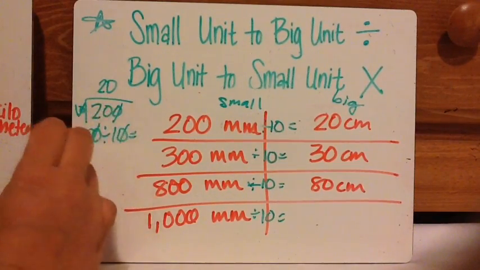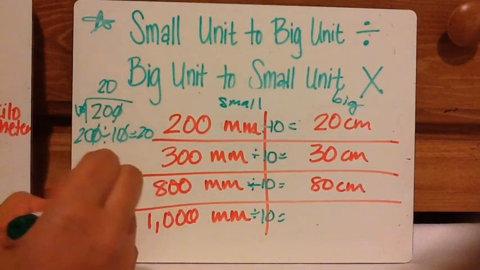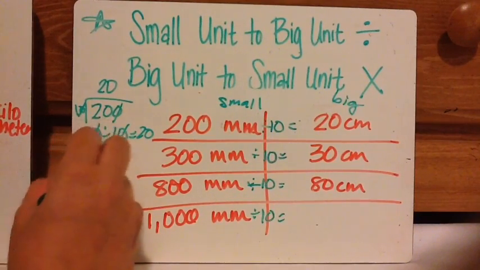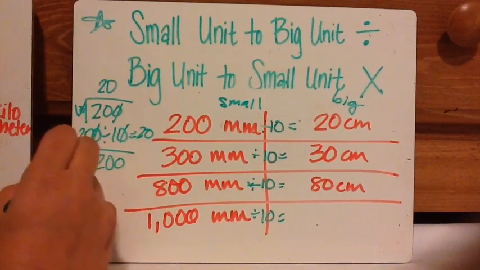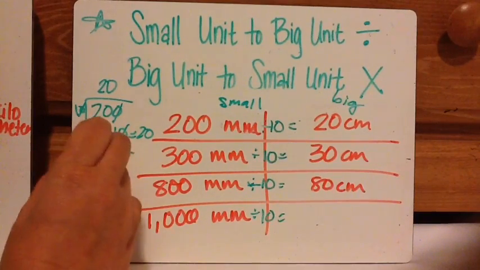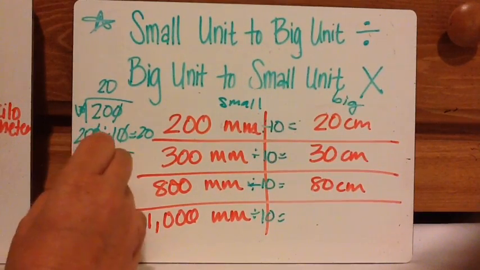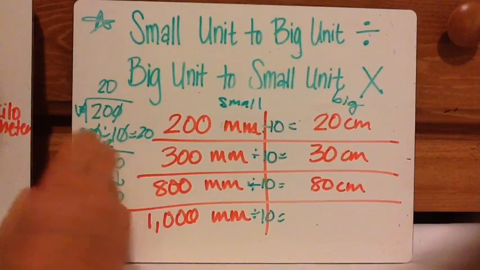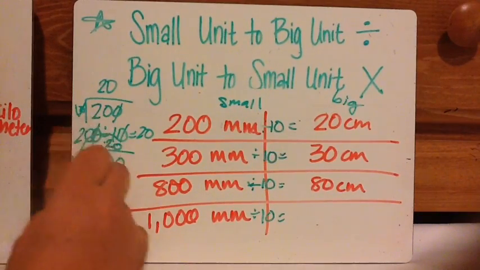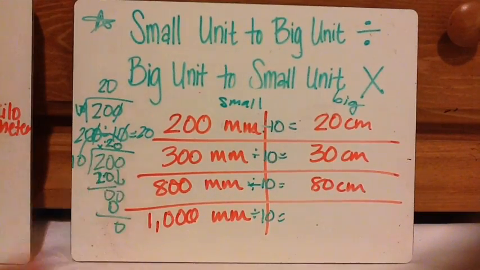Does that make sense? It's just an easier way. But if that doesn't make sense, then you can do 10 goes into 2. Nope. 10 goes into 20. Yes, 2 times. 2 times 10 is 20. Bring down the 0. 10 goes into 0, 0 times. 0 times 10 is 0. 20 is your answer.